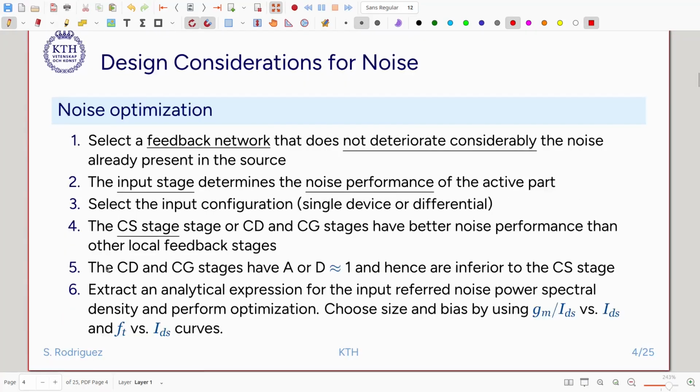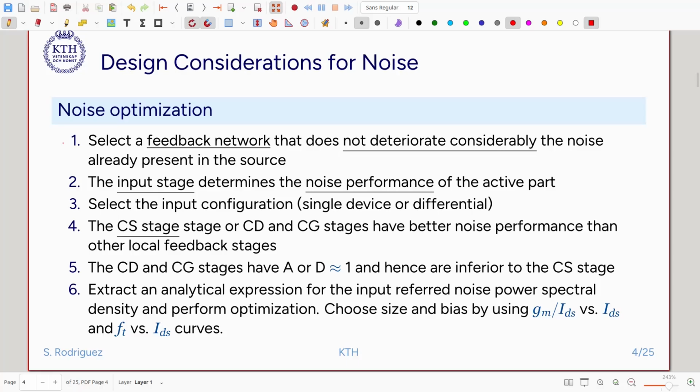So let's review very quickly the noise optimization. We are talking about the input stage in an amplifier. Our strategy for noise optimization will be to first select the feedback network, those passive components, if we are using a passive feedback network, that do not deteriorate the noise that is already coming in the source.